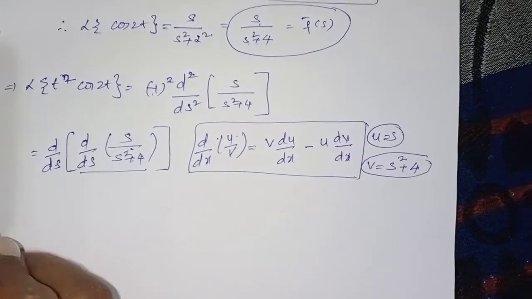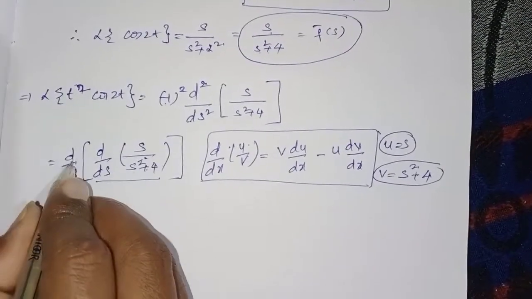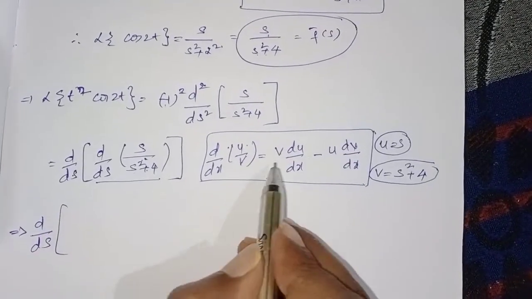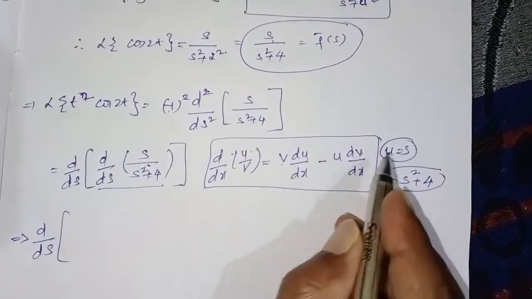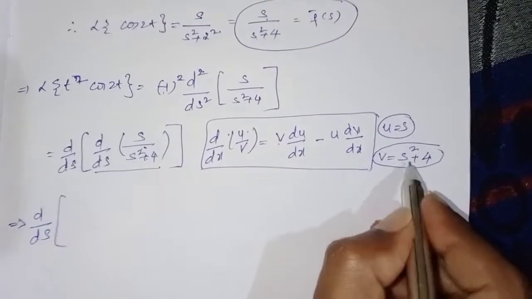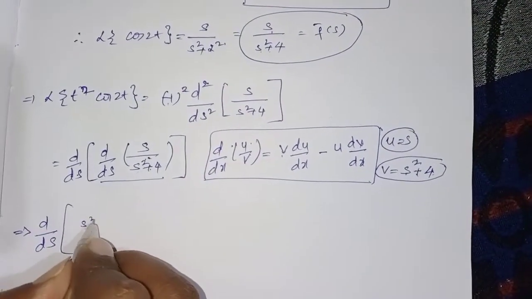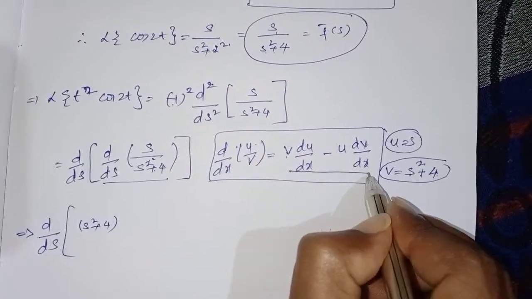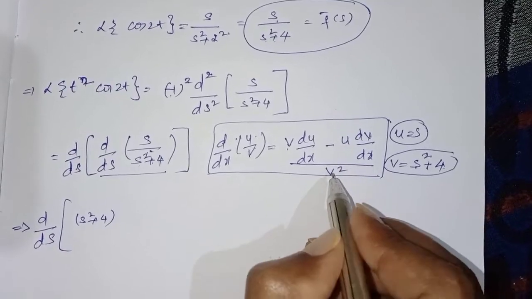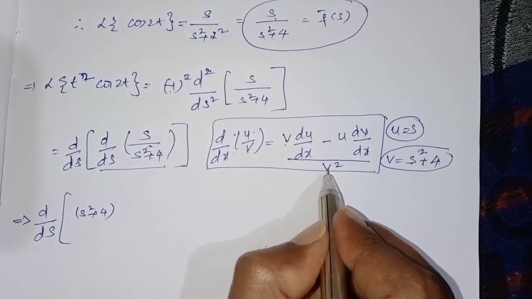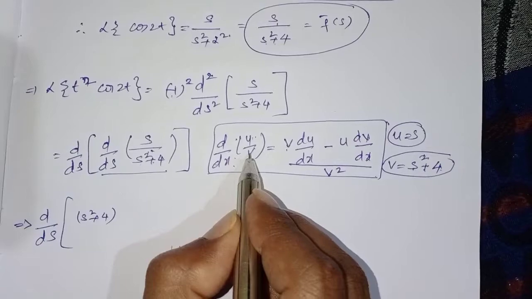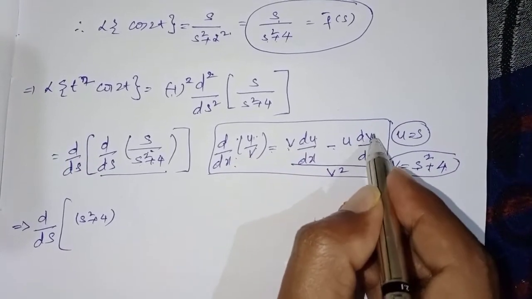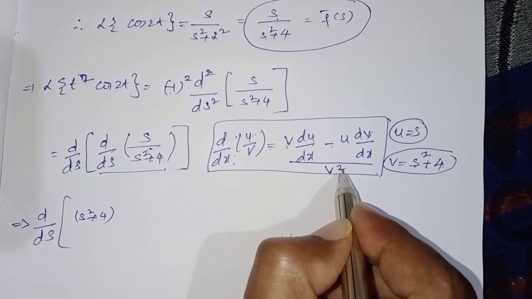Substitute in the formula, d by ds of, if we apply this formula, v is s square plus 4, whole divided by v square. This is the quotient rule formula: d by dx of u by v is equal to v into du by dx minus u into dv by dx, whole upon v square.